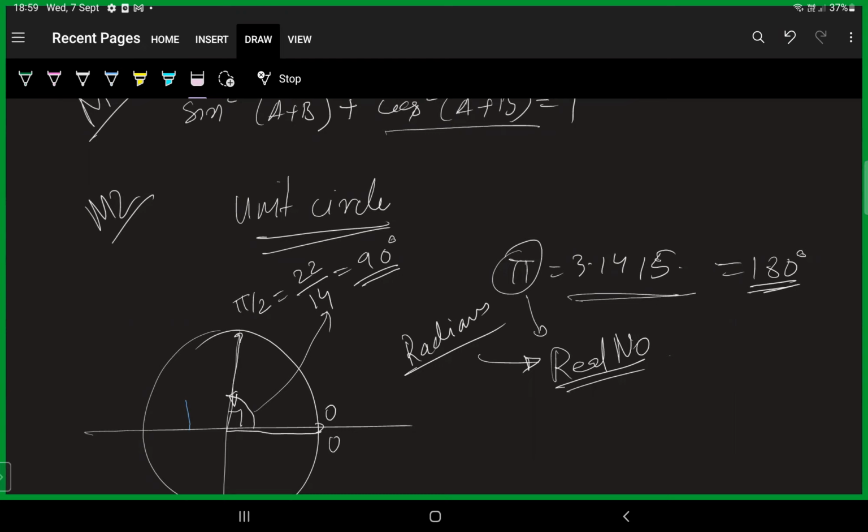Okay, so first you draw your graph. Page number 60. What's the difference?